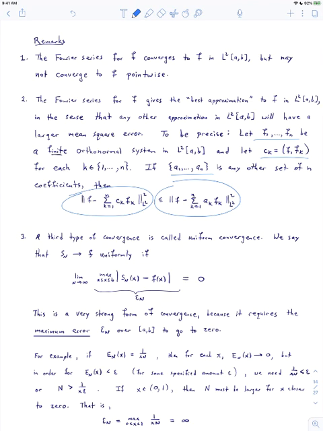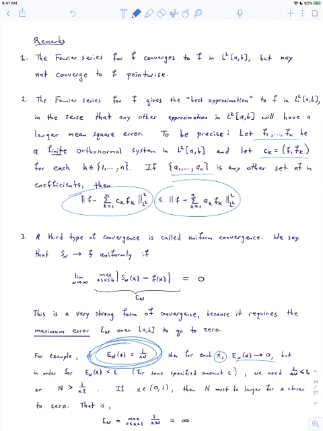So for example, suppose that you computed the pointwise errors and you found that the pointwise error at x for a given n was 1 over xn. Then if you fix an x, the limit of the pointwise error at that x goes to 0, because this quantity is going to 0 as n goes to infinity.